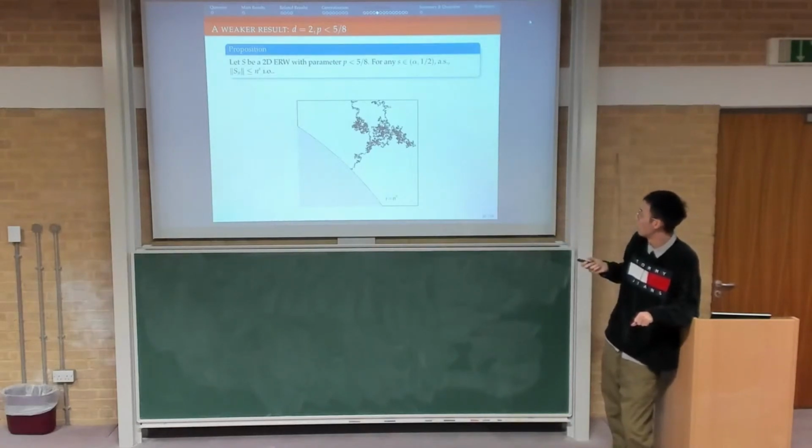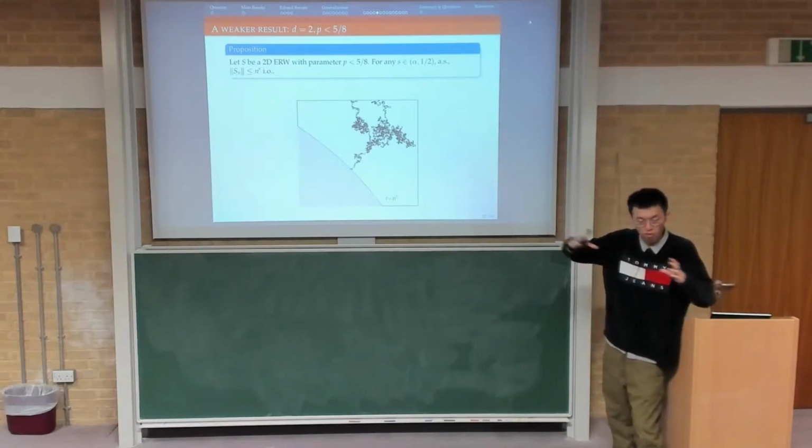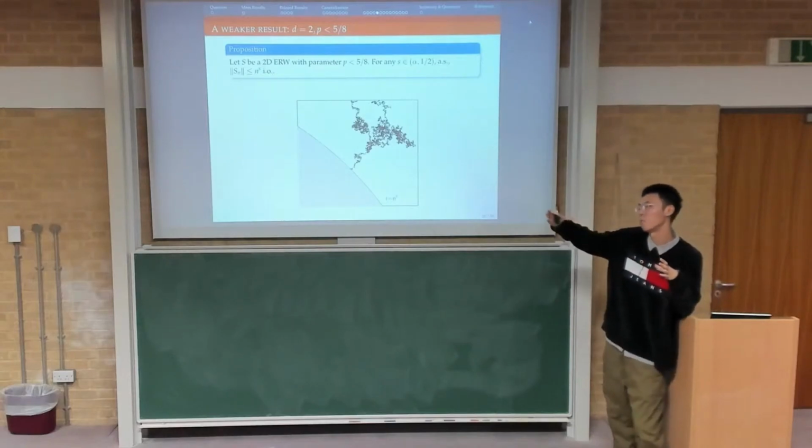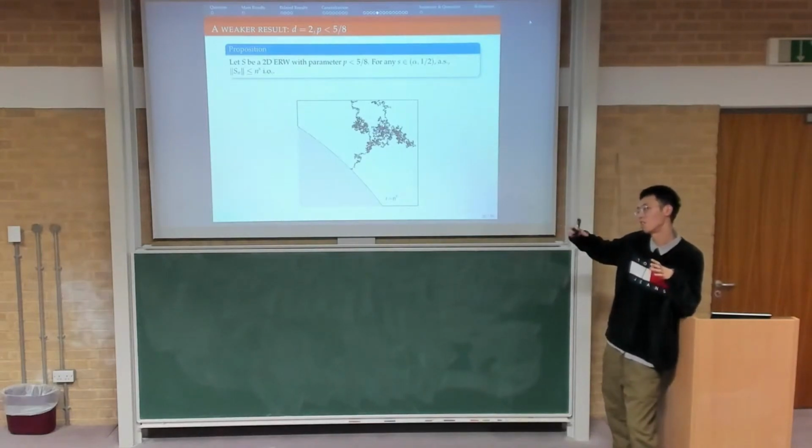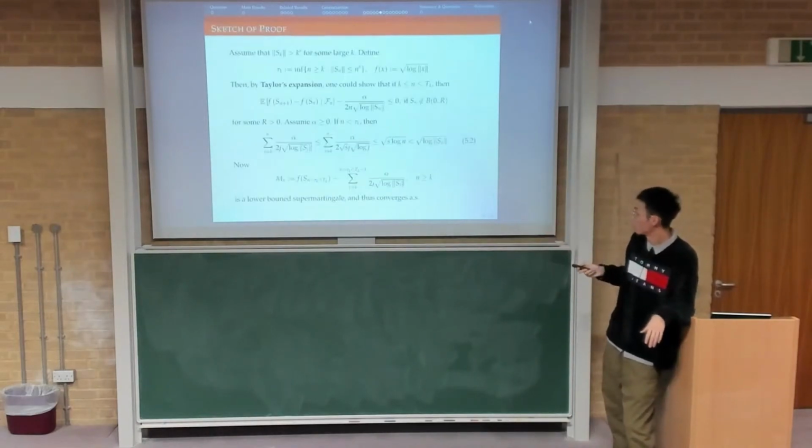P less than 5/8 is just saying that alpha is less than 1/2. So one can choose a constant s which is greater than alpha but less than 1/2. Then we show that there is a growing ball with radius n to the s. So eventually this ball will catch up with the particle, even if the particle starts at some position which is outside this ball. So the proof is this.